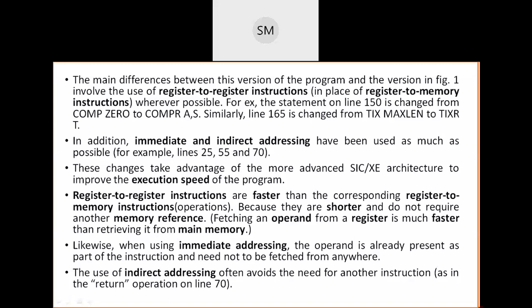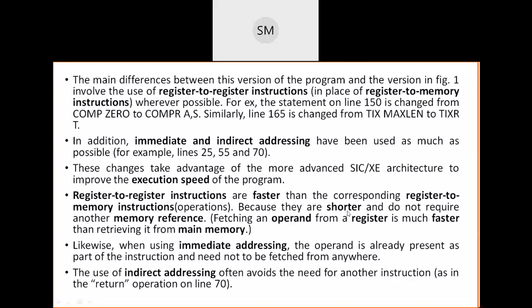So, sir, how can we improve the execution speed of our program? Because register to register instructions are faster than register to memory instructions. Remember, register to register instructions are very short.